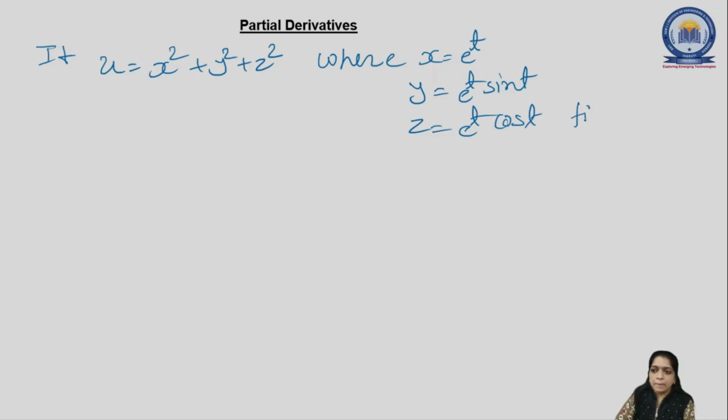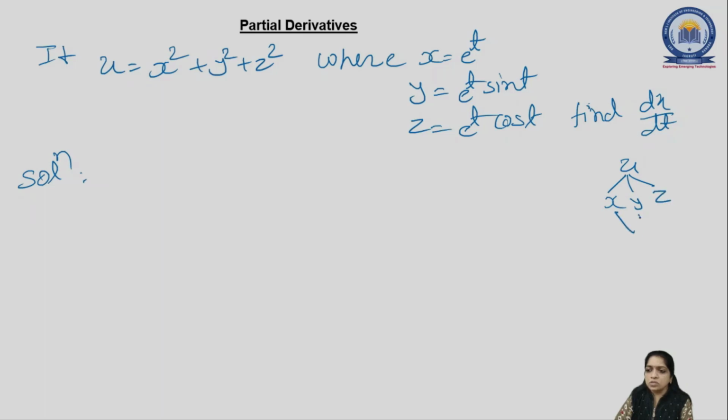Find du by dt. Okay, so this is our given question, and here our u depends on x, y and z, and all three variables depend on t. Okay, so let's start the solution.